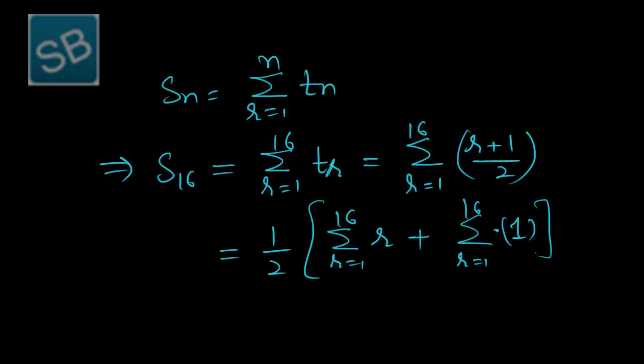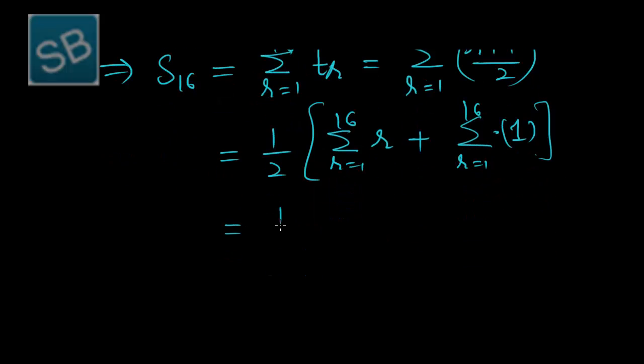So we get half times: summation of n terms up to 16 is n into n plus 1 over 2, that is 16 into 17 over 2, plus 1 is repeating up to 16 times, so it becomes 16.